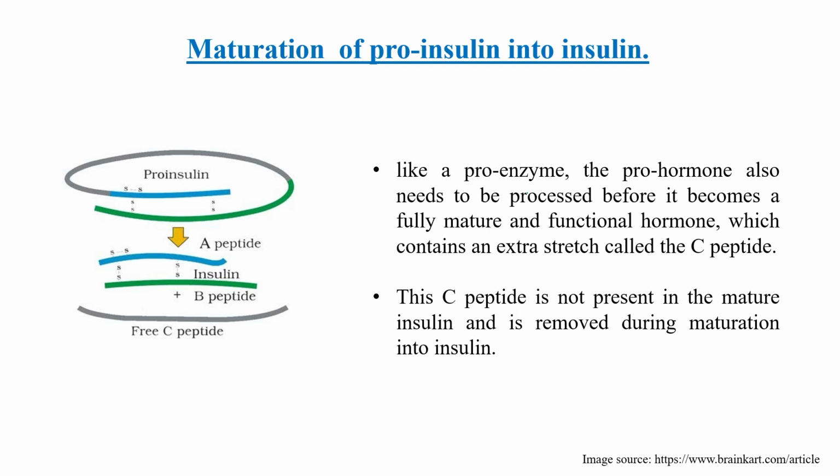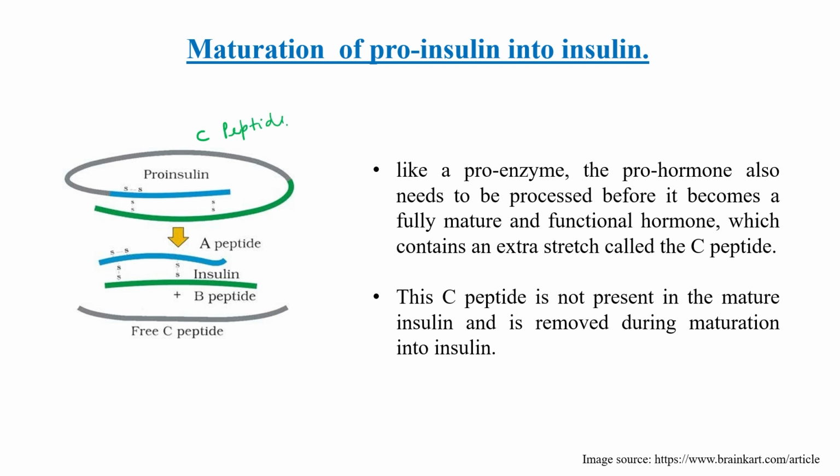Like a proenzyme, as I told you, this prohormone also needs to be processed before it becomes a fully mature and functional hormone. As you can see in this particular picture, this green one is the A peptide and this blue one is the B peptide. Both of these peptides are linked together by disulfide bonds, but between them there is another peptide molecule known as C peptide.